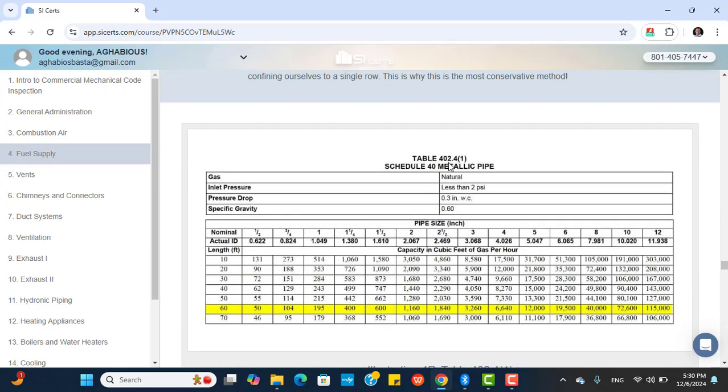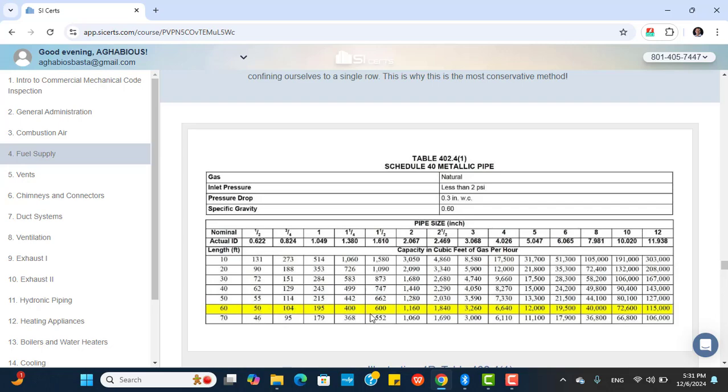Okay, this is Table 402.4.1, schedule 40 metallic pipe. As we see, the gas is natural and less than 2 psi, 0.3 inch water column and specific gravity. As we said before, we will use 60 feet.